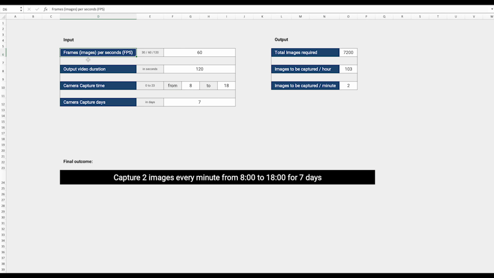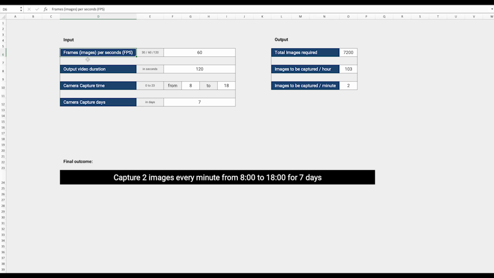So the first is frames per second. Frames per second is nothing but how many images we want in each second. Generally, in all of our smartphones, the default frame rate is 30 FPS. What it means is, whenever we turn on the video, let's say we make a video of 10 seconds.